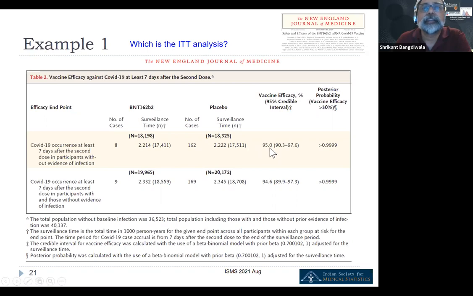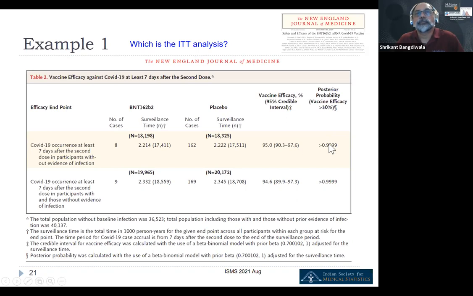In fact, this calculation is as simple as 8 divided by 18,198 over 162 divided by 18,325. So it's just a simple ratio of proportions, rate ratio, okay? And then 1 minus that, of course, because that's going to give the efficacy, not the incidence of it.